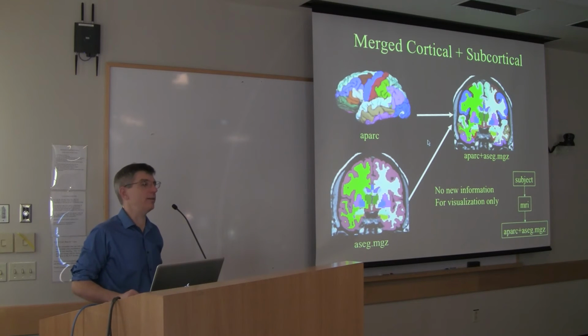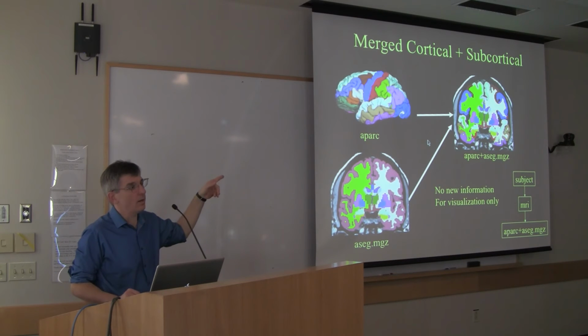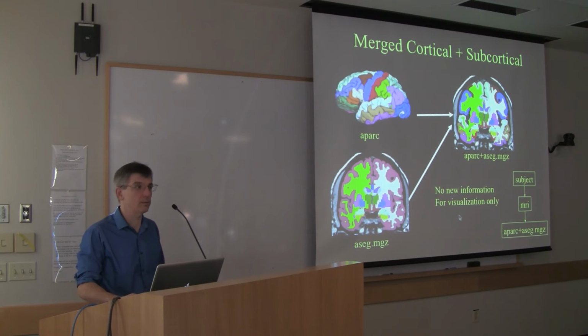There's not actually any new information being created there. It's just a better way to visualize your data if you happen to be looking at, say, your fMRI data and you want to visualize it on the volume. For an individual subject, it's much nicer to visualize it on this volume because then you have access to all of the regions of interest.